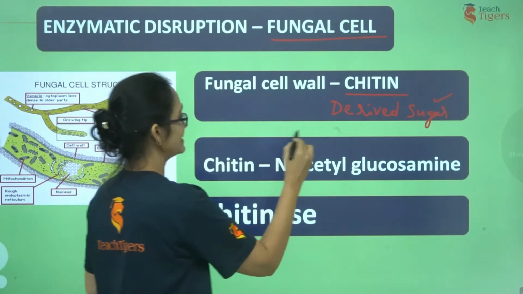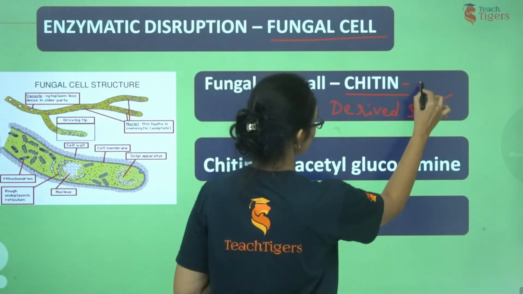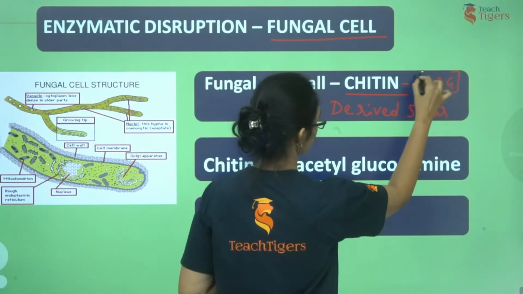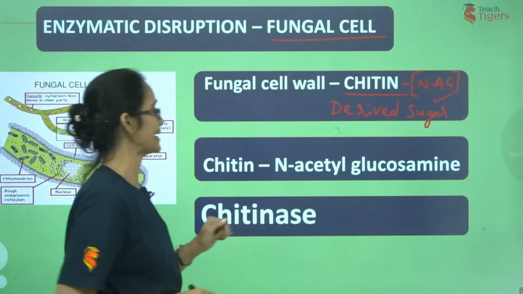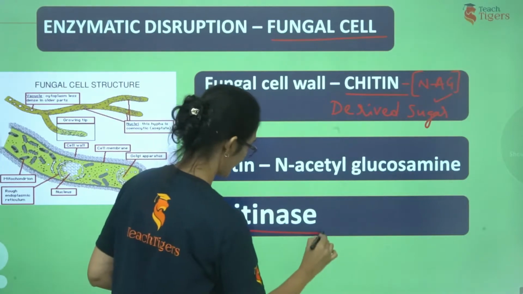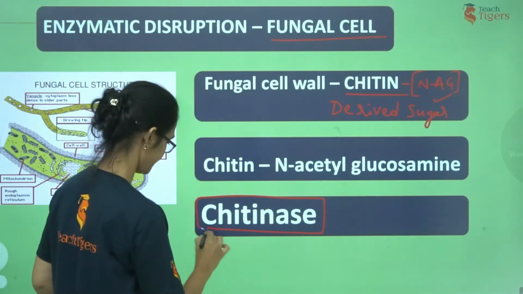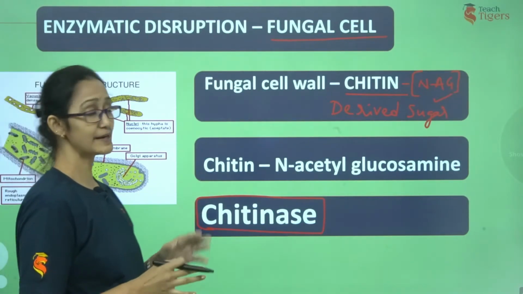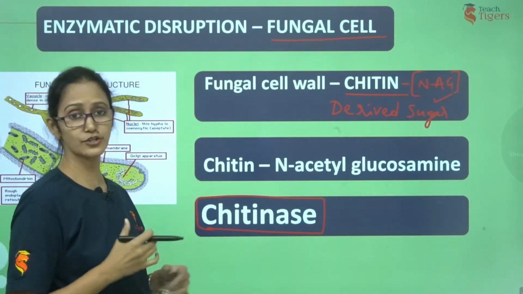Chemically, chitin is nothing but N-acyl glucosamine. So in this case, we have to employ the enzyme called chitinase, right?